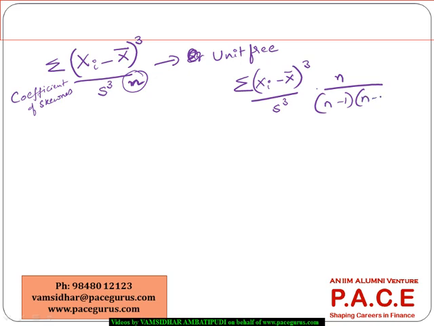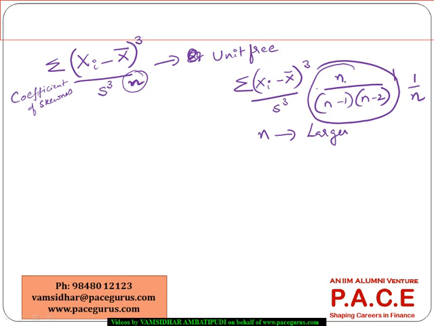This is the real formula, but as n becomes larger and larger, this entire thing gets reduced to 1 by n. That is where the coefficient of skewness can very well be measured as the average of the cubed deviations from the mean divided by the standard deviation cubed.